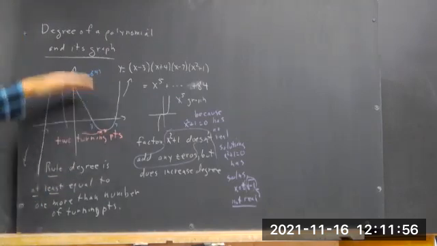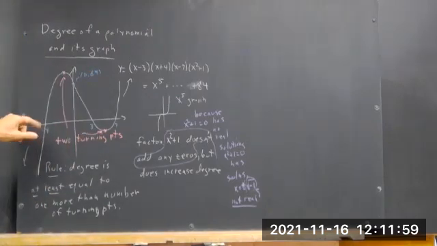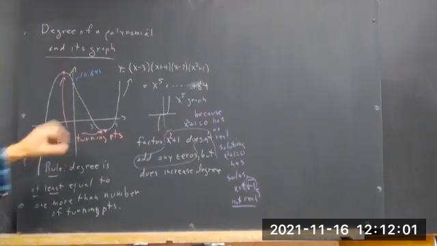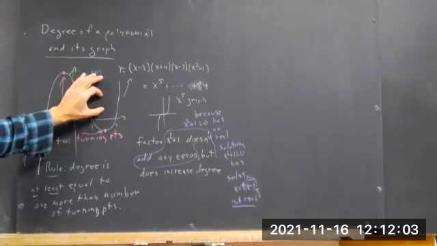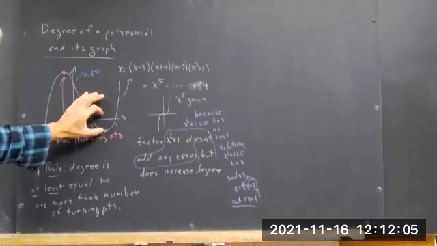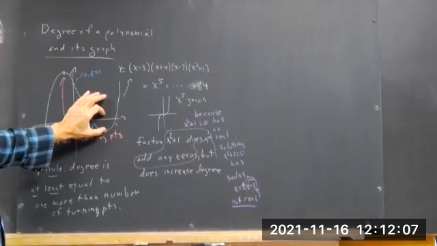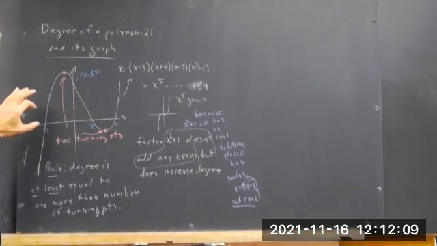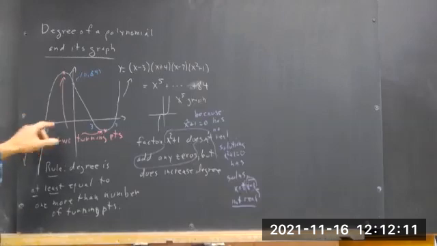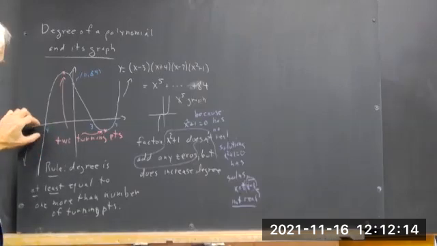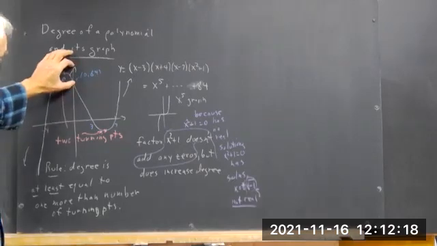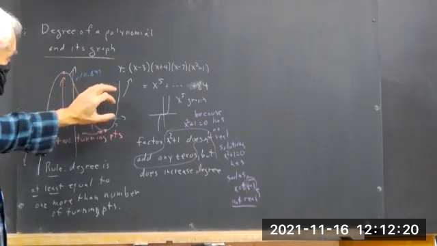And I can lift it up high enough that it only goes through 0 once. If I lift it up this high, if I vertically shift it by this much, whatever this number is, then it's going to move the point where this thing's 0 to the left a little bit. It's going to move this point up, and this point up, and this point up.